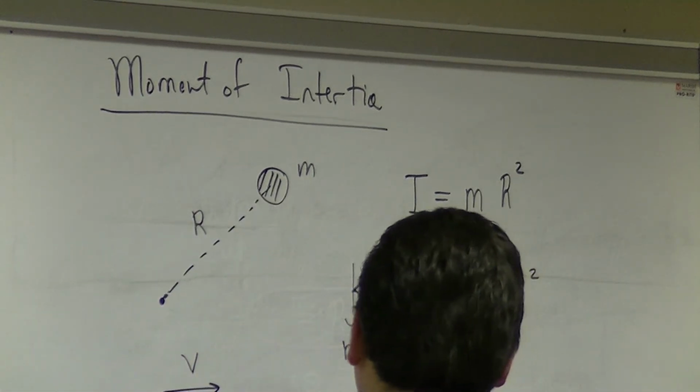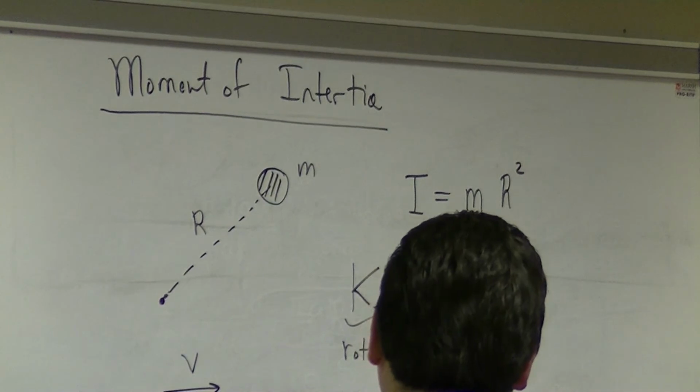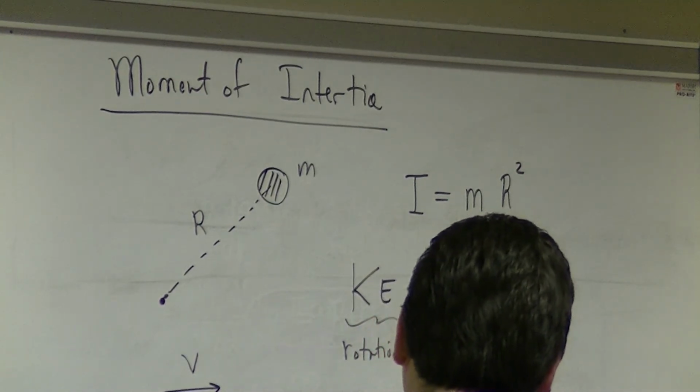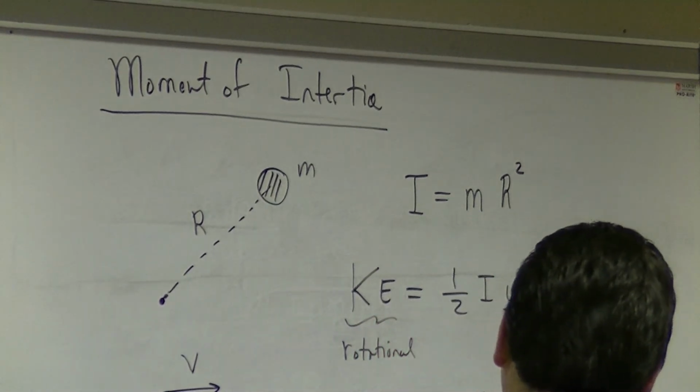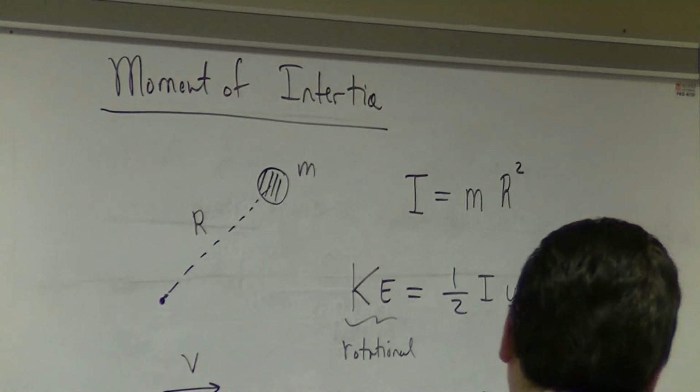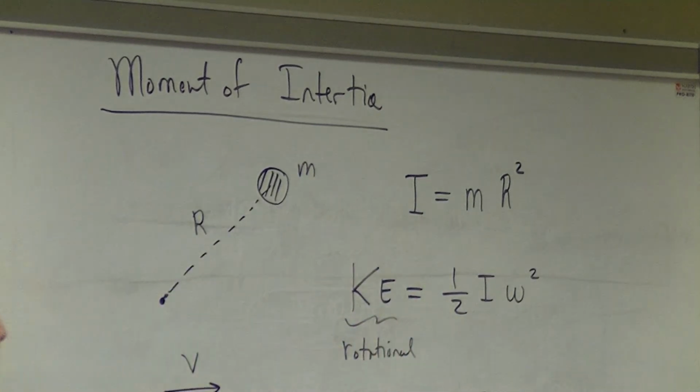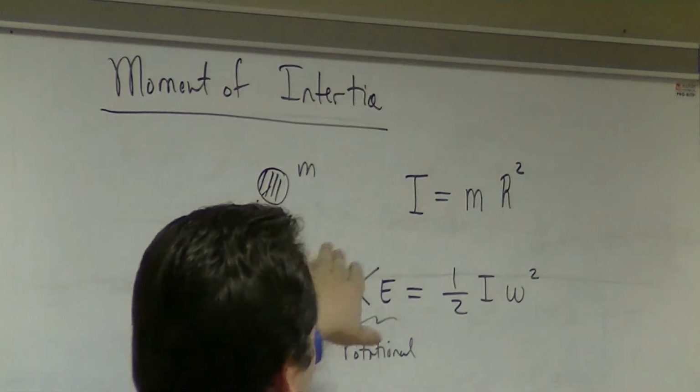The total kinetic energy for such a rolling bowling ball would be 1/2 times the mass of the bowling ball times the velocity squared, plus 1/2 I omega squared. But this would be the moment of inertia for a bowling ball. The moment of inertia for a point particle is just mr squared.